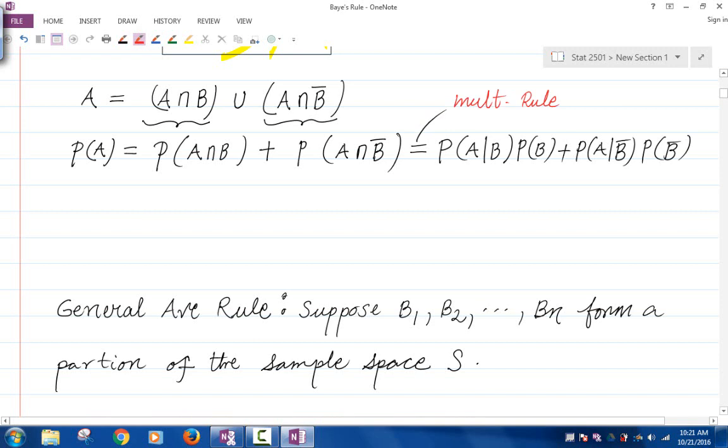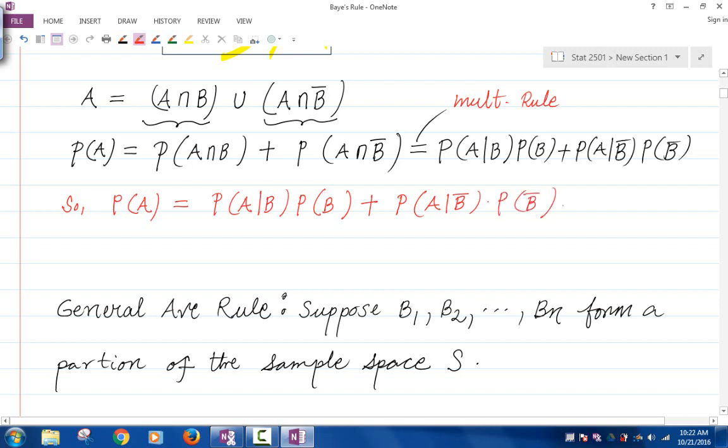And so our conclusion is that the probability of A is indeed the probability of A given B times the probability of B plus the probability of A given B complement times the probability of B complement.